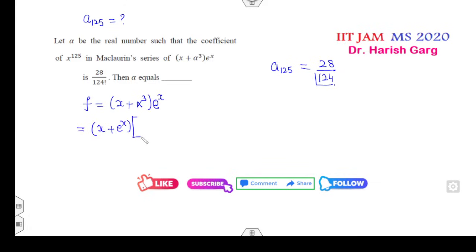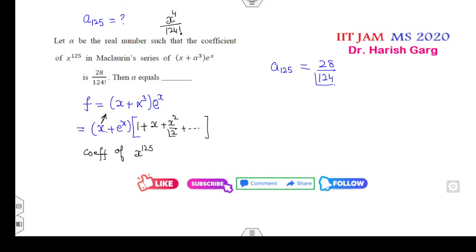It's very simple. If I open this series, 1 plus x square by 2 factorial and so on. So what is the coefficient of x raised to power 125? What will be the coefficient from the first term? It is x, so somewhere you will have x raised to power 124 over 124 factorial.